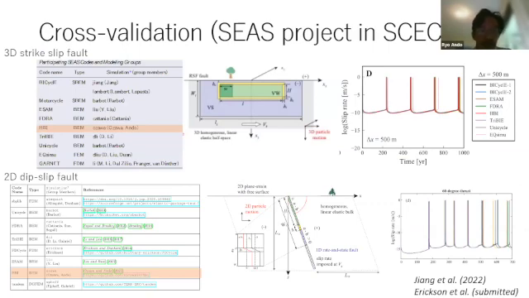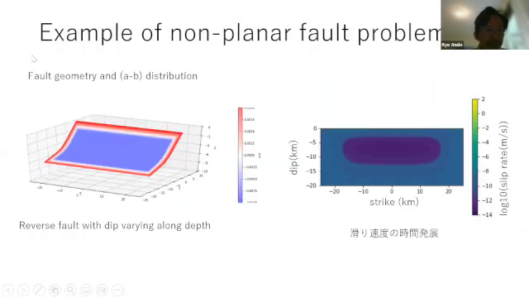All right, this is our scheme for cross-validation. We use the SEAS project and SCEC benchmark tests, and we just follow the basics of these benchmarks.